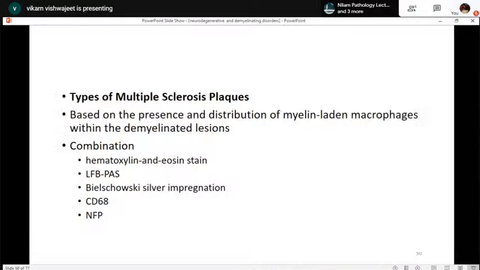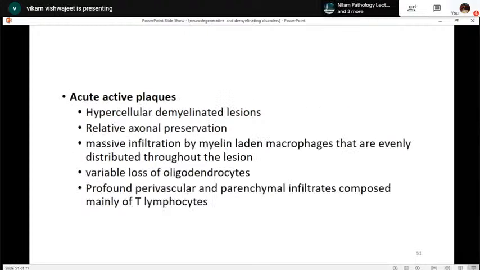Different types of plaques have been described depending on the presence and distribution of myelin-laden macrophages. The different stains which are helpful for classifying these are Luxol fast blue PAS, Bielschowsky silver impregnation, CD68 and neurofilament protein. Acute active plaques are characterized by hypercellular demyelinating lesions with relative axonal preservation.